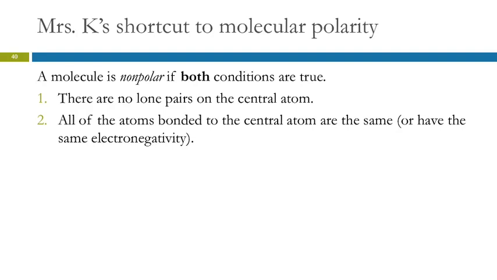So now we don't have all of the vectors going in opposite directions. When we don't have all of the atoms bonded to that central atom being the same, then the lengths of the vectors are different, and we're going to end up with a dipole. So the molecule would be polar if either of these is not true.